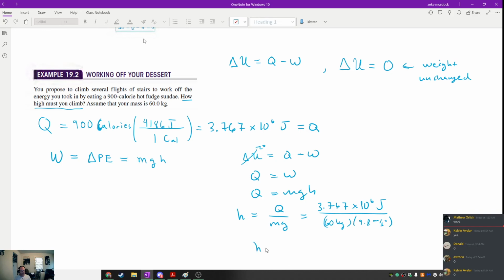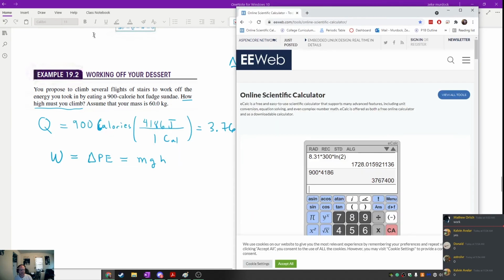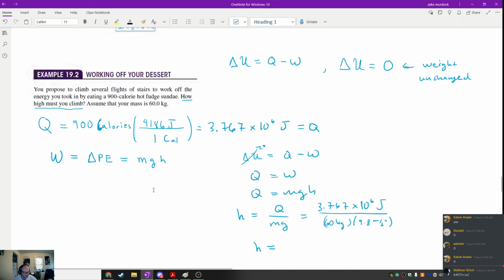Okay, we get that h is equal to, basically just need to take the answer that we got here, and then divide by 60, and divide by 9.8, and I get 6,407.